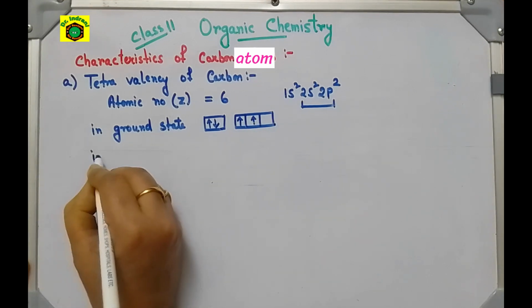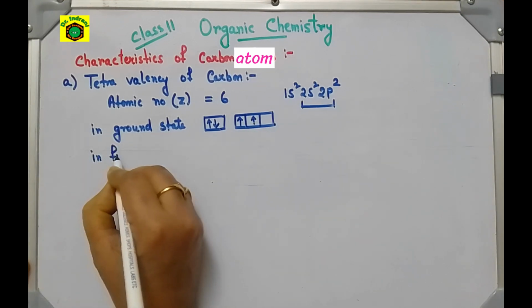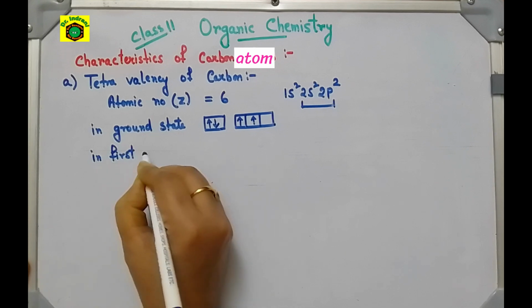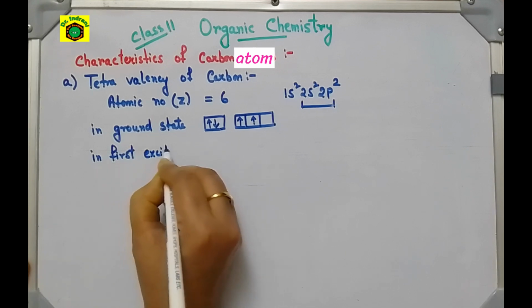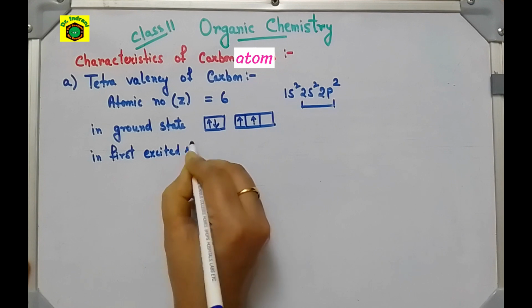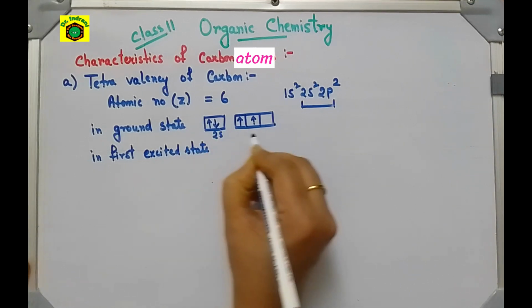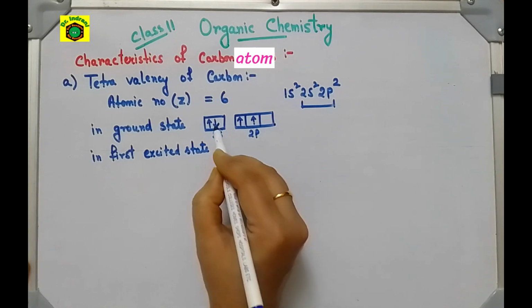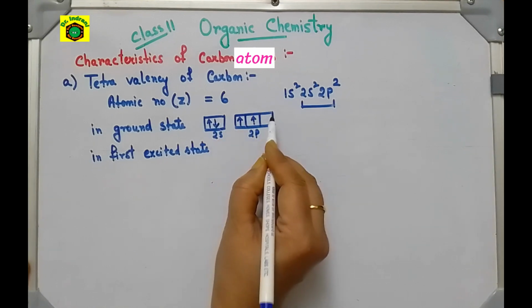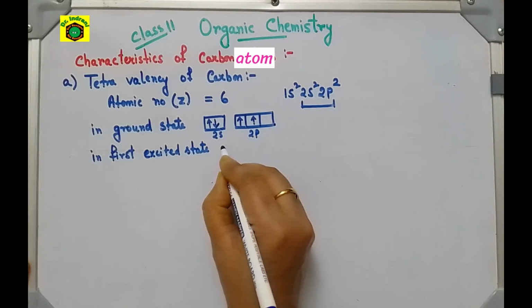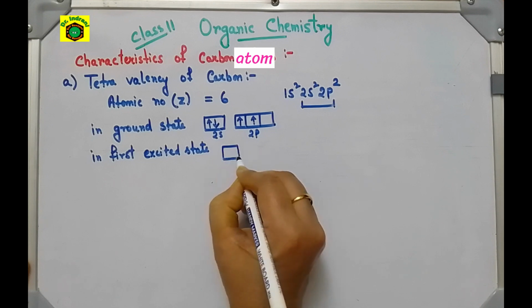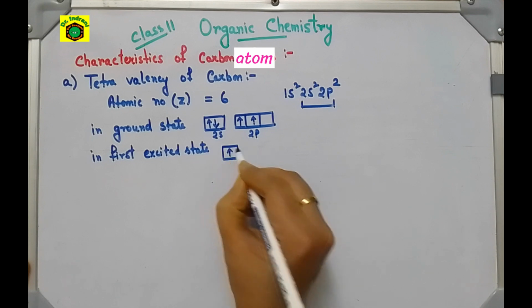But in first excited state, this is 2s, 2p. One electron will move from 2s to 2p. So now the electronic distribution will be like this.